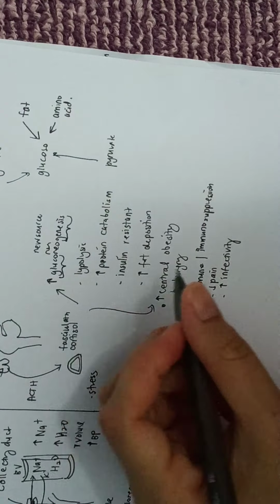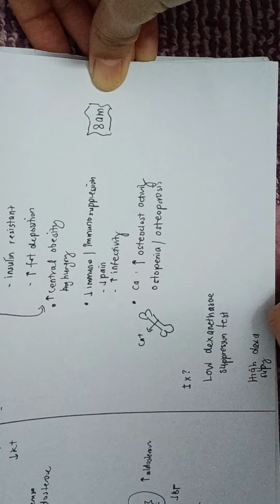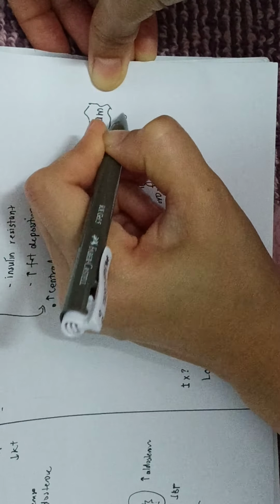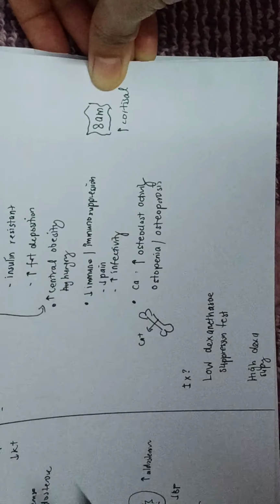Second one is the high DEXA suppression test. Since we know cortisol is high in the morning when the body starts to work, even your office starts at 8 a.m. So the highest cortisol level is in the morning.